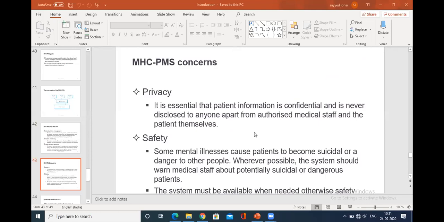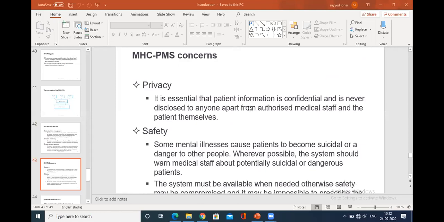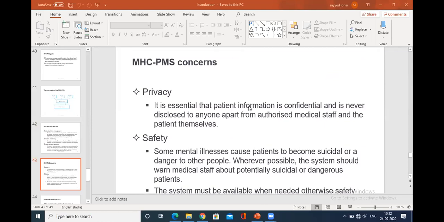So what could be the concerns for this particular product? That is the basic objective of this MHC-PMS system when we discussed these test cases. Whether it has usability, privacy, or security concerns has to be discussed with respect to the MHC-PMS.